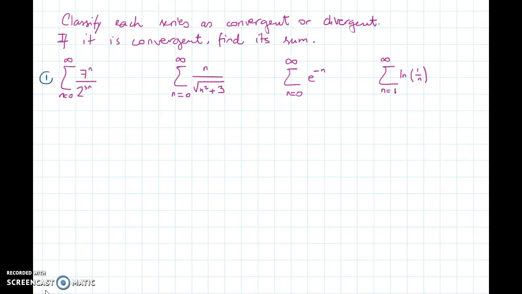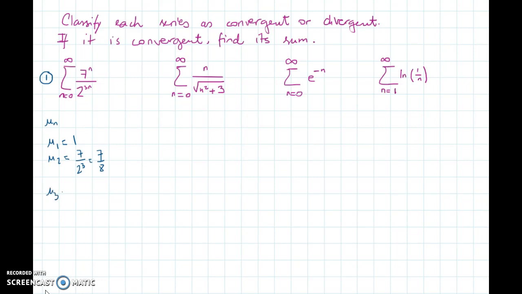First example we have over here, we are summing from 0 to infinity 7 to the power of n over 2 to the power of 3n. We want to check what are the first few terms of the associated sequence, so we call it u_n. u_1 is just 1 when n is equal to 0. u_2 is 7 over 2 to the 3, so 7 over 8.